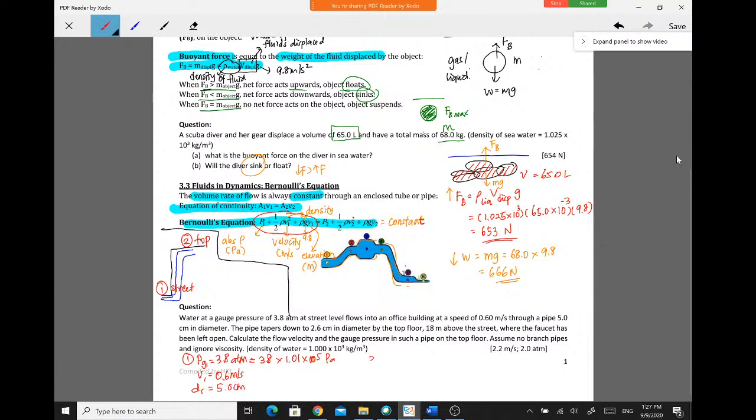And at point 2, the pipe tapers down to 2.6 centimeter, which means diameter 2 equals 2.6 centimeter. It is 18 meters in height relative to the street. So if y1 equals 0, then y2 will be 18 meters.